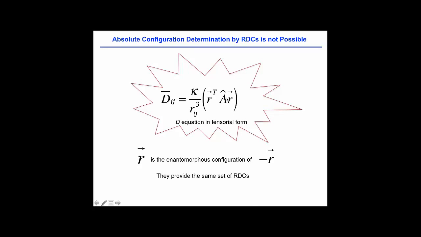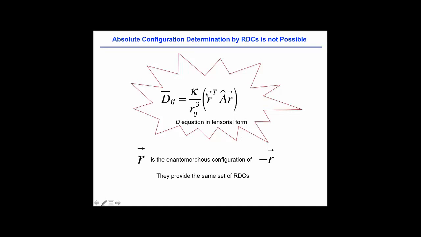If we look at the equation in tensorial form, and you have your coordinates x, y, z of the molecule, then -R is the enantiomorphous configuration of R. It is really easy to create the enantiomer coordinates: you just multiply by -1.